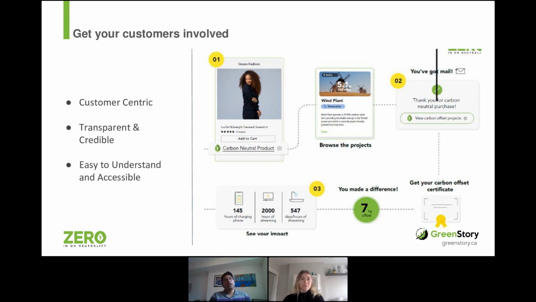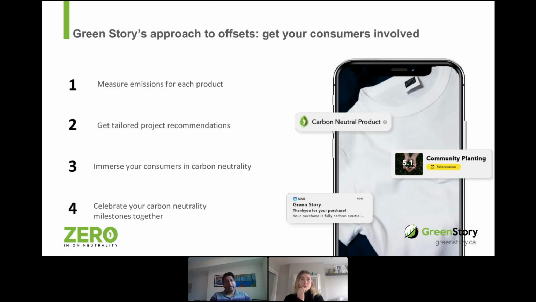Right. So, it's pretty simple in terms of how it works. There are four main steps. Obviously, first is to calculate the carbon footprint for each of your products across the value chain. The next step would be selecting the right offset projects based on your supply chain and your company and customer values.